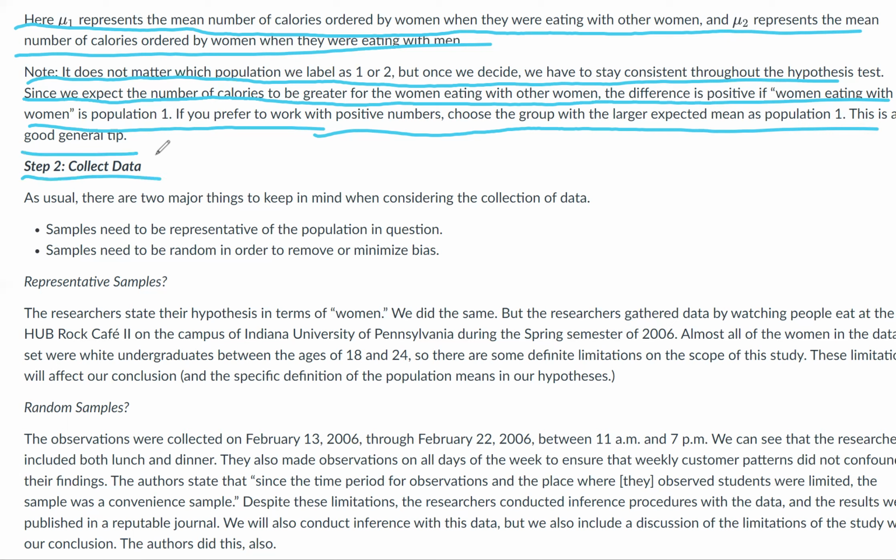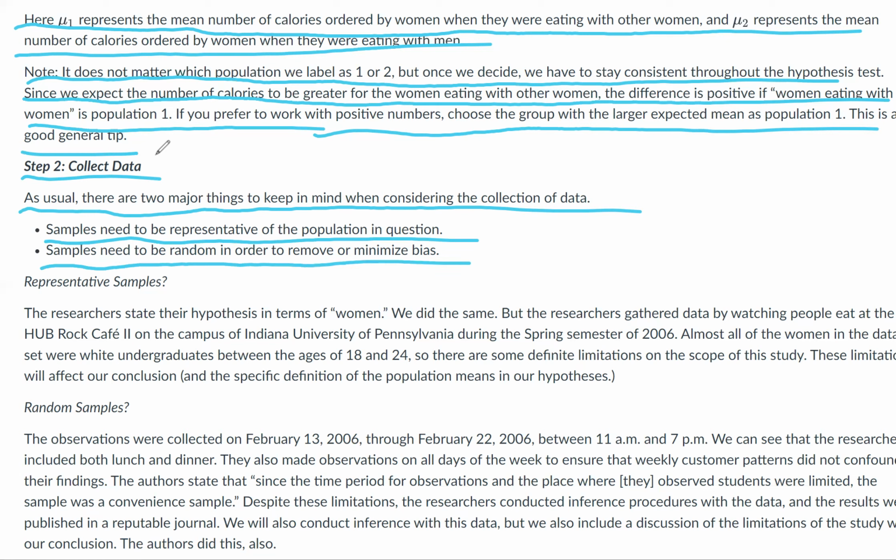Our second step will be to collect data. As usual, there are two major things to keep in mind when collecting the data. First, samples need to be representative of the population in question. Second, samples need to be random in order to remove or minimize bias. What are good representative samples? The researchers state their hypotheses in terms of women.